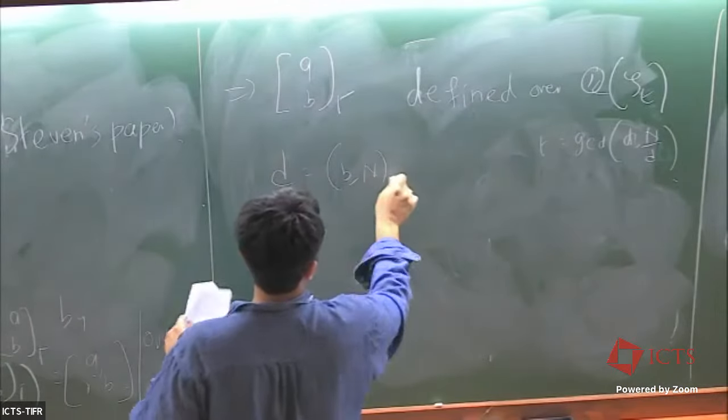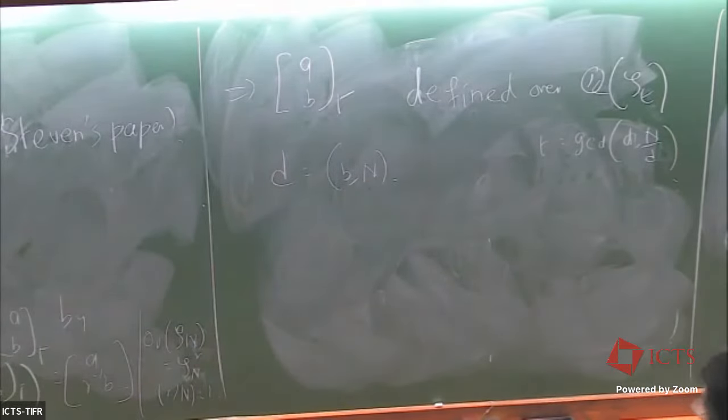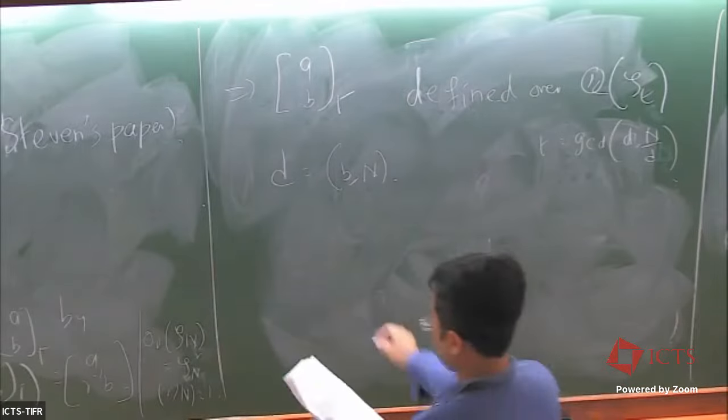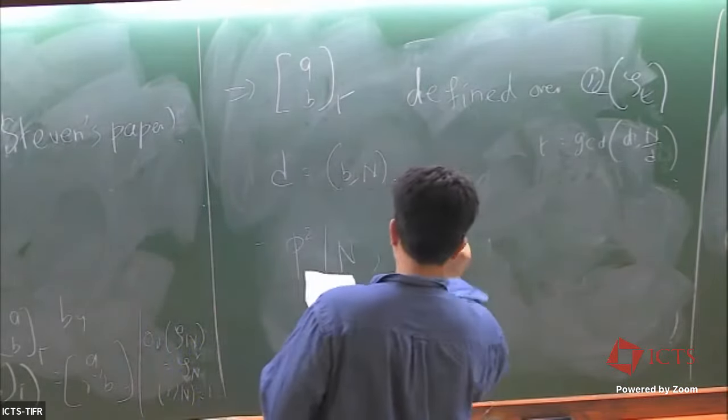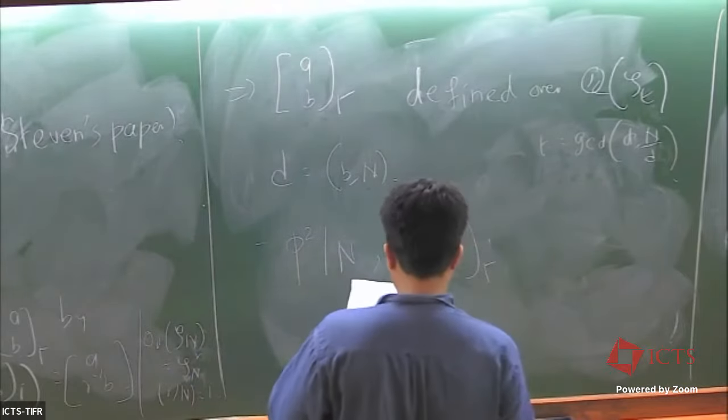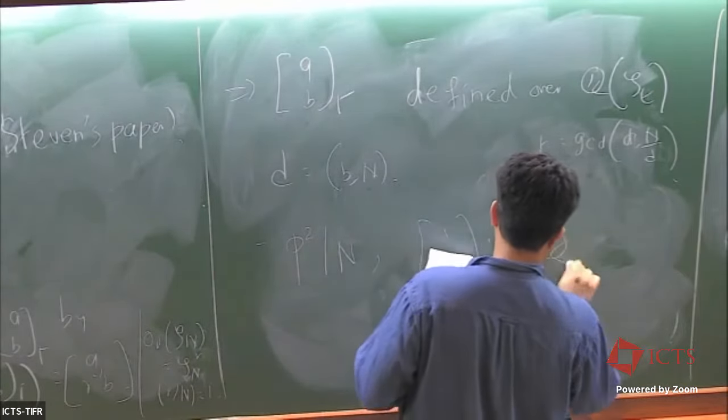So it is in general not defined over Q. In particular, if you take p square dividing n, then this 1 by p of gamma is Q zeta p rational.